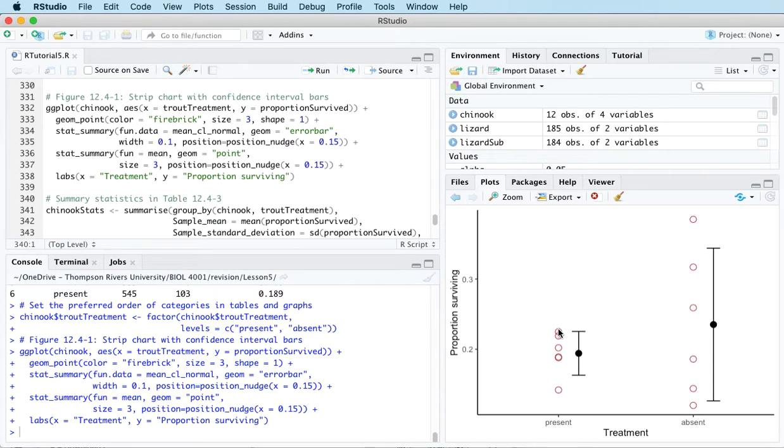The actual values are the circles, in the treatment group where brook trout are present and the group where brook trout are absent. The bars show the sample mean for each group, and I've got error bars going out one standard error from the sample mean.